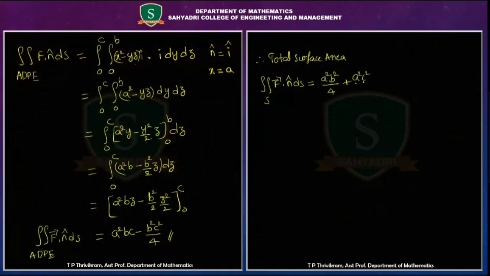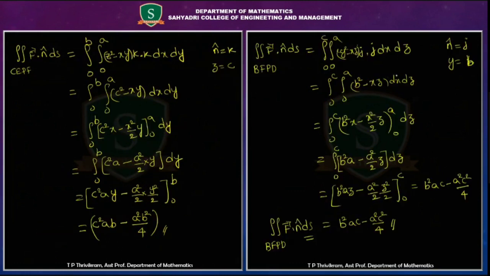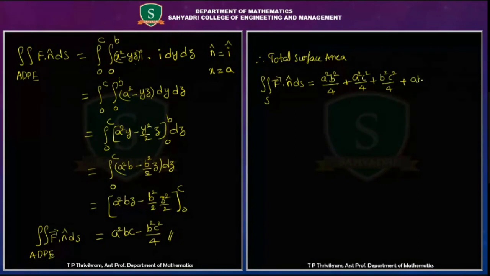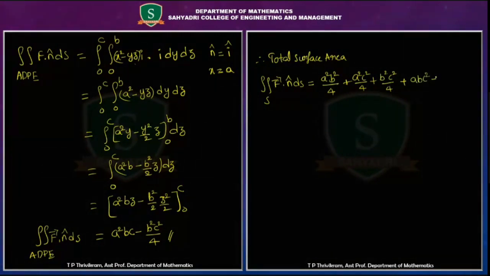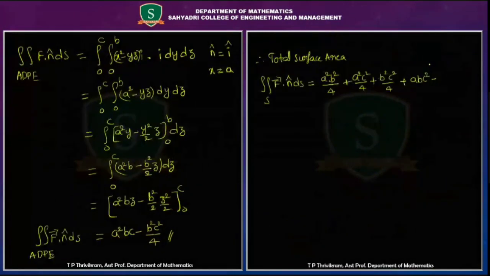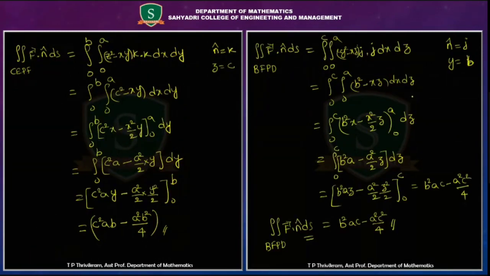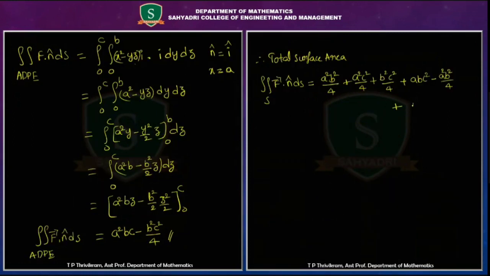A square c square by 4 plus b square c square by 4. Next plus abc square minus ab square by 4. Next plus ab square c minus a square c square by 4.